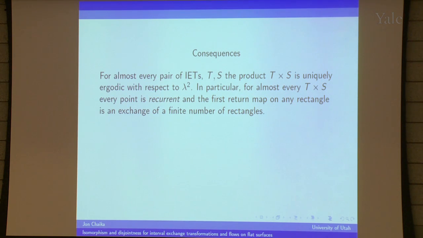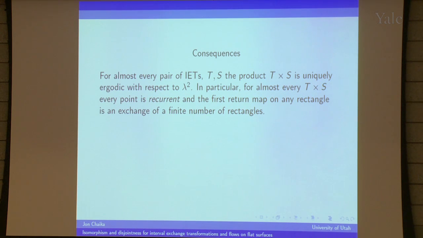So a box that you're left with will be sent somewhere. So this gives us an example of rectangle exchange transformations. And unfortunately, unlike interval exchange transformations, which you can cut any way you want, and so long as you fix your order, you can send them and that's a well-defined map, it's not clear you can do this for rectangle exchanges, but you can when they're the product of two IETs, right? Those always give us rectangle exchanges.